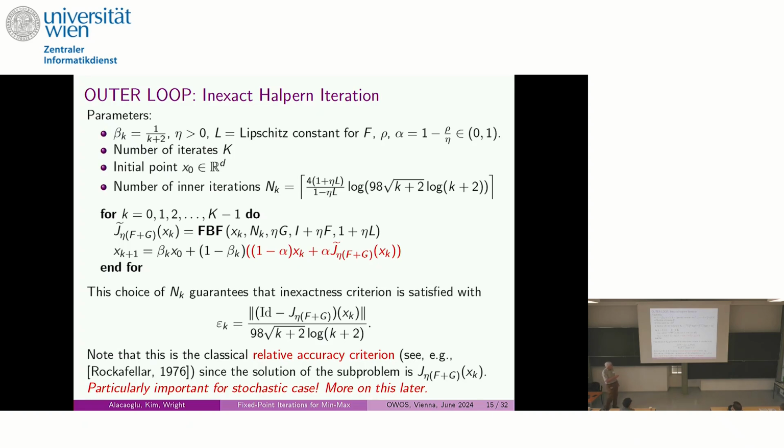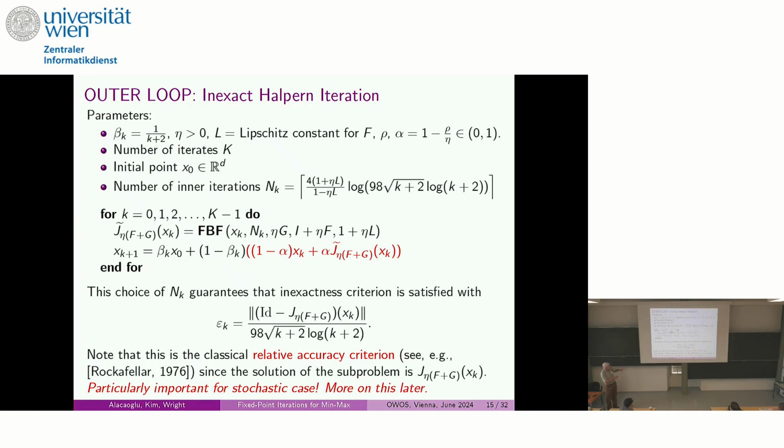What we do here is we choose the number of iterations of the inner loop, which is this nk. This is how many times we loop through the FBF algorithm. We choose it so that when we exit from FBF, that inexactness condition is satisfied for this value of epsilon k. Okay? And if we just look at this value here, the numerator would be 0 if xk actually was a fixed point of the resolvent. Okay? So it's a relative error in some sense.